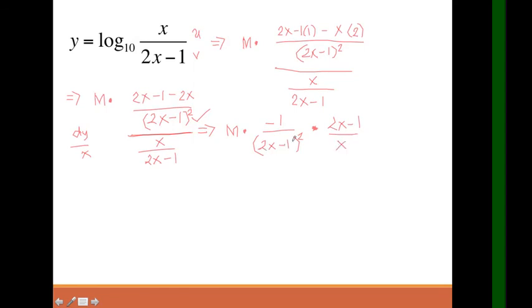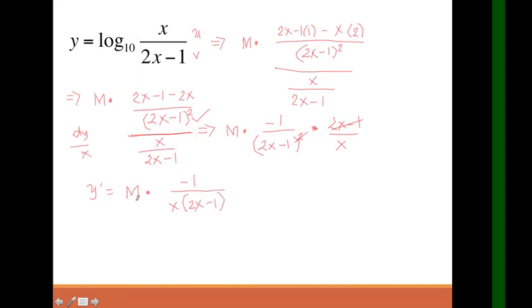So, pwede natin i-cancel yung isa dito. Yan, para ma-cancel yon. So, we have a final answer of the derivative of y equals m times negative 1 all over, that is, I think that's x, then 2x minus 1. Or pwede siyang 2x squared minus x.